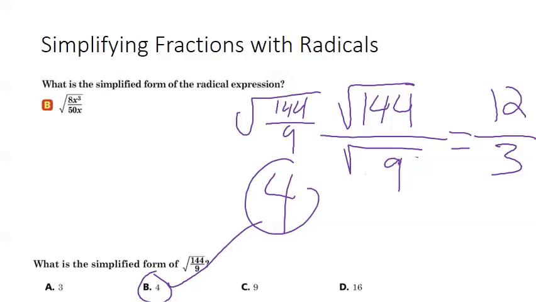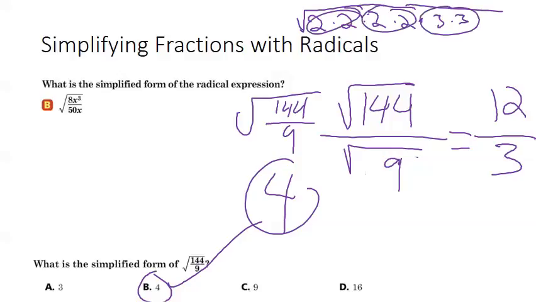Okay, this is 15. It makes it easier in the long run. But again, if you just broke these two down to the prime factorization, you would get 2 times 2 times 2 times 2 times 3 times 3, and you could take out pairs till you got 12. Okay. Next.